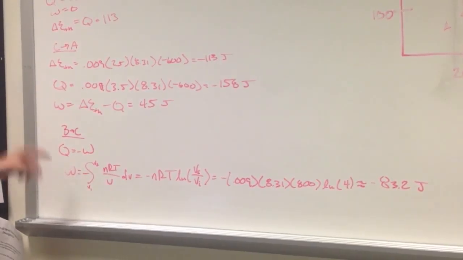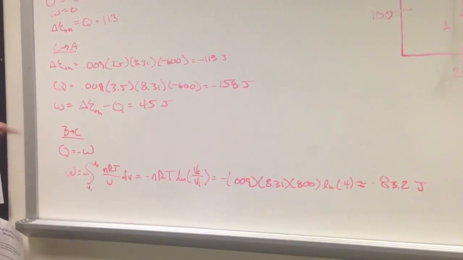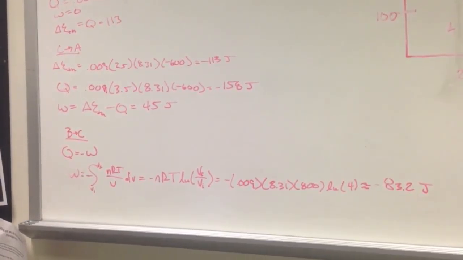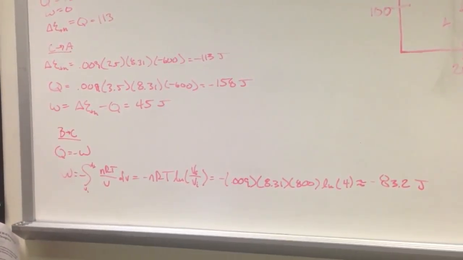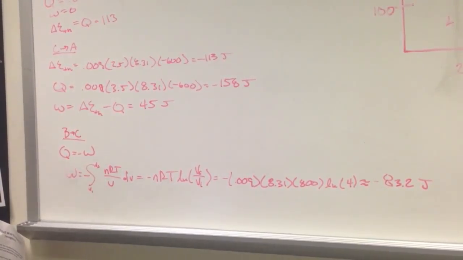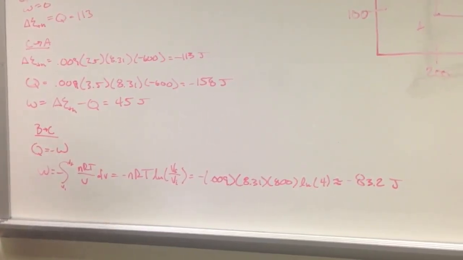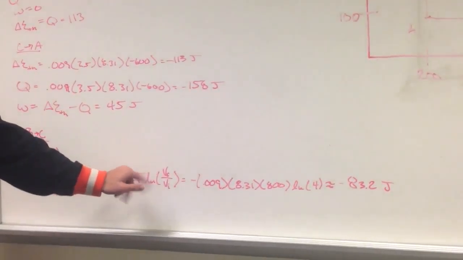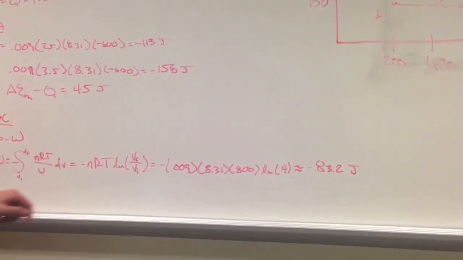Now, work in an isothermal expansion is equal to the negative integral from initial volume to final volume of the number of moles times the constant R times the temperature over V times dV. And to do that integral, we get negative nRT times the log of final volume over initial volume, and we just plug those numbers in.